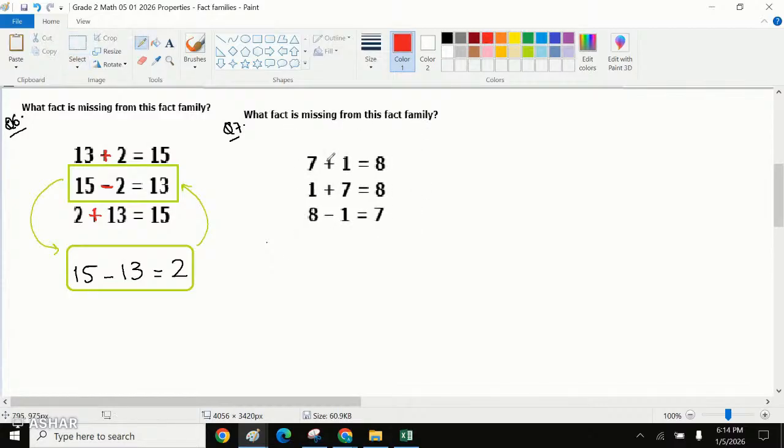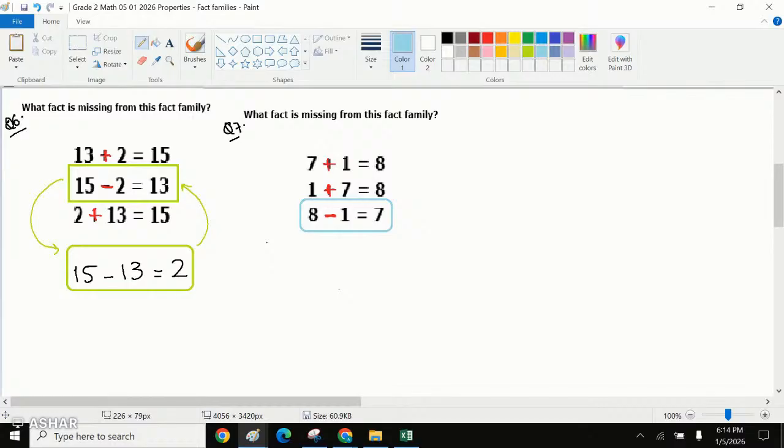We start looking for the signs. This is positive. This is positive. That means we already have 2 positive statements. But we only have 1 negative statement. Agreed? So if we have 1 negative, we are missing 1 negative, right? So what should be the other negative statement? Subtractive statement.